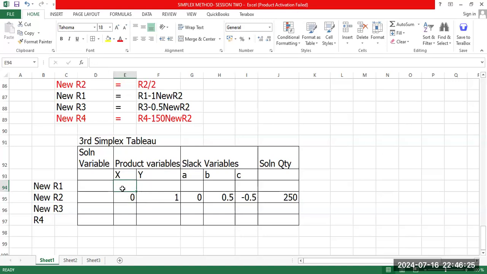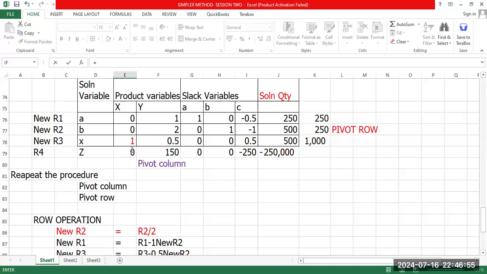New row one. Let's go to the last one to know whether we are repeating the procedure or not. Are we repeating the procedure? Let's first confirm. For X, we follow the procedure. Row 4, what was the value here?